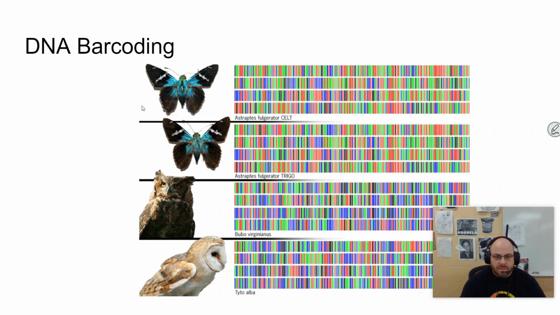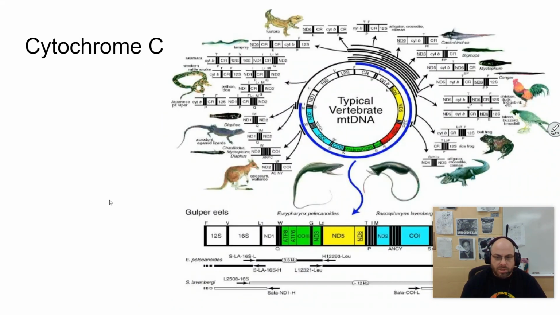One of the DNA markers that is often used is a protein called Cytochrome C. Cytochrome C is a protein found in all living things, and you can find differences in the cytochrome C amino acids and cytochrome C DNA patterns that will show one species to be different from another.